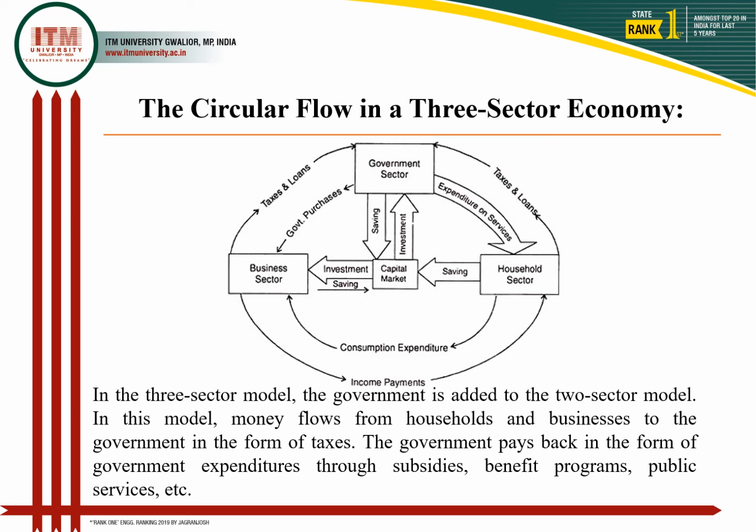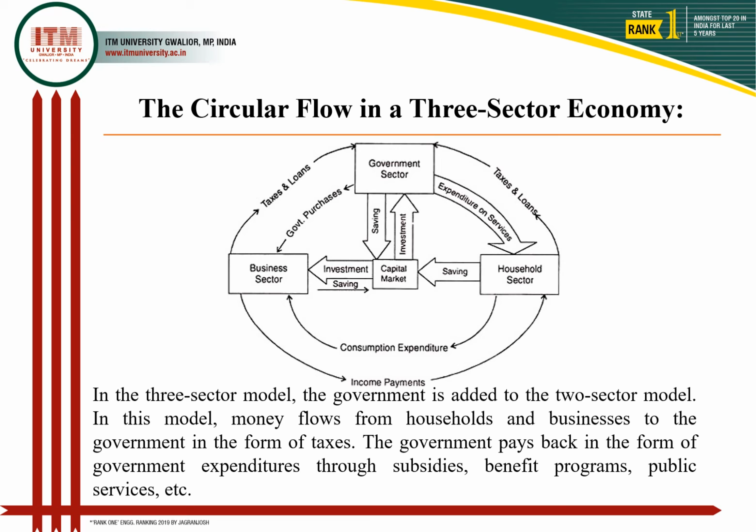The second thing is factor payments for hiring factor services from the household. At the same time, there is a flow back of money to the government from the household in the form of direct taxes like income tax and wealth tax. So these complete one cycle here also.